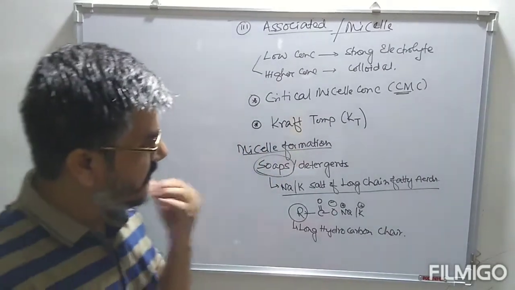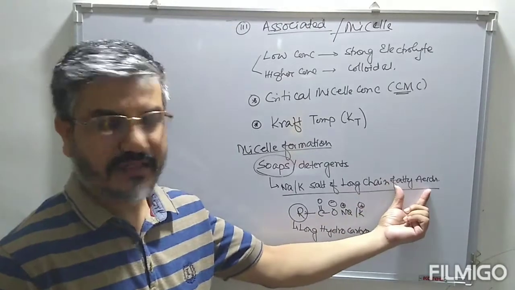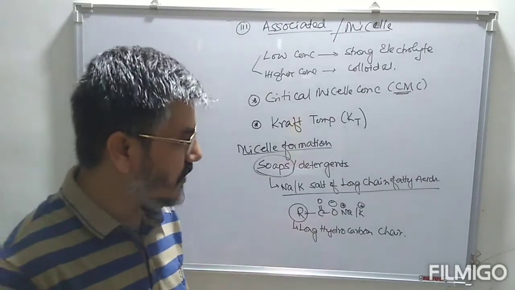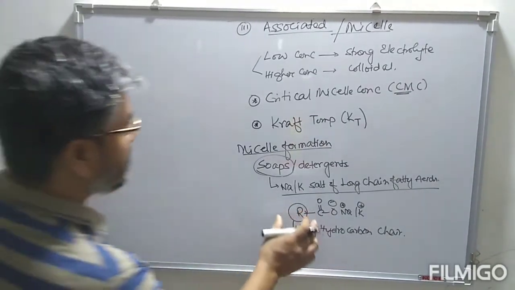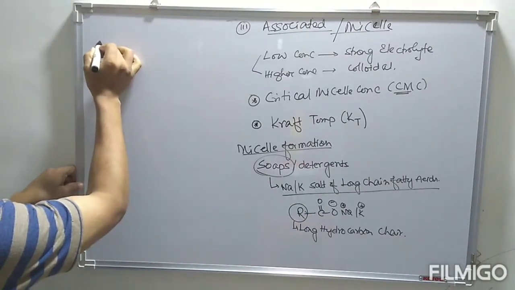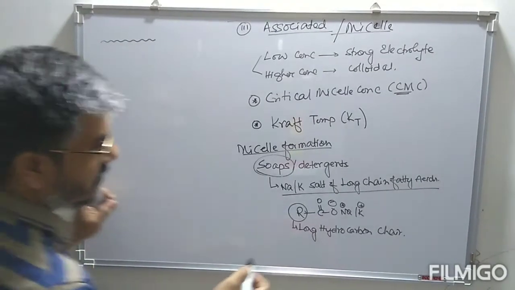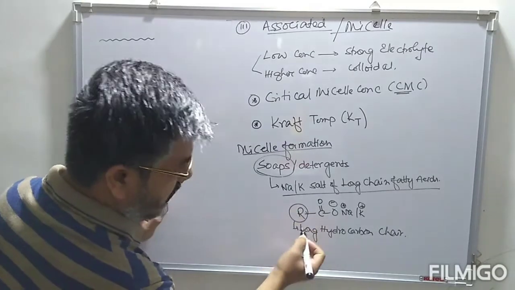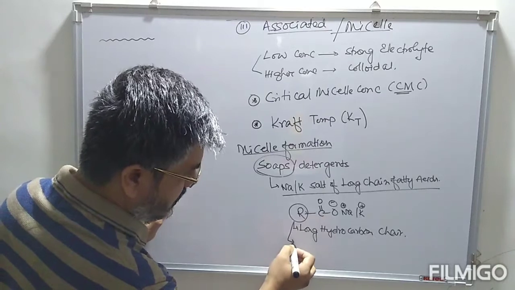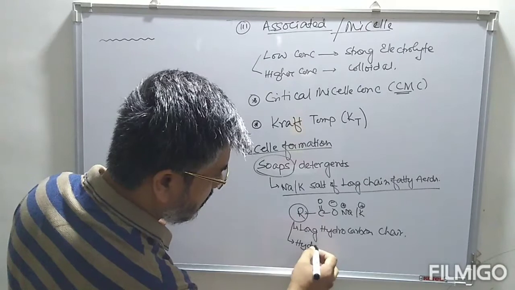This is the salt of a long chain fatty acid, sodium or potassium salt. So R is a long hydrocarbon chain. These can be represented as this long hydrocarbon chain. This is pure hydrocarbon, and hydrocarbons are hydrophobic.